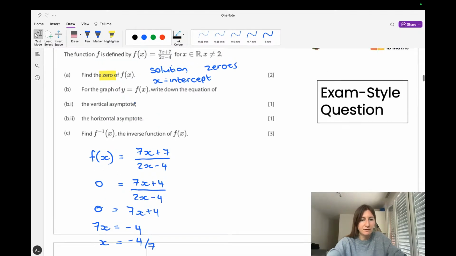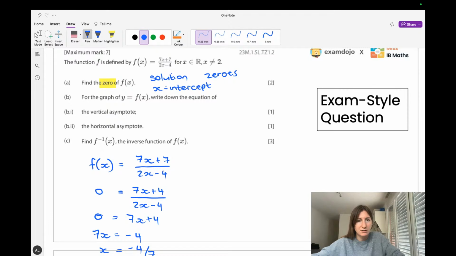So we have, I'm just going to neaten this up and write it there. The 0 of f of x is that x equals minus 4 over 7. That's our x-intercept. Can keep this here for later.